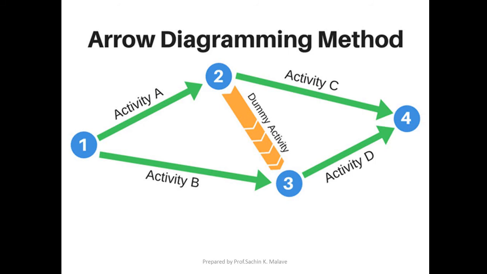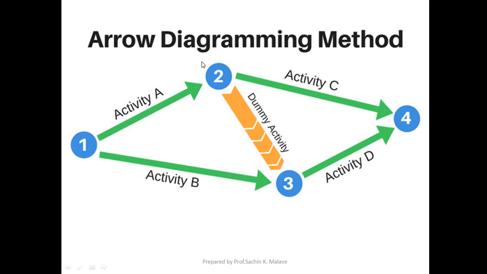The next quality control tool is the arrow diagram. What is this arrow diagram? The arrow diagram shows the tasks to be performed in the project or process in the required order. If a project or a process is there, this tool shows in what sequence that process should be done.